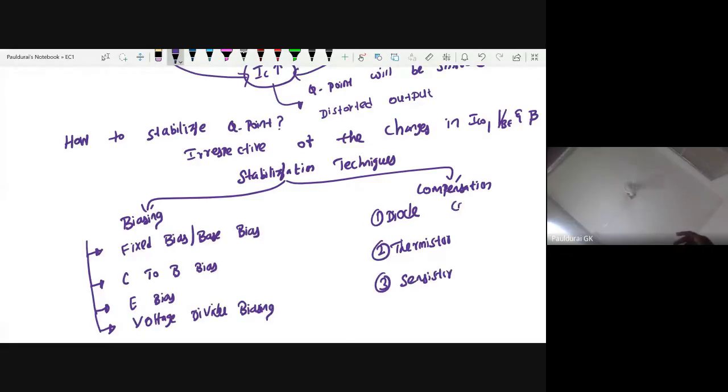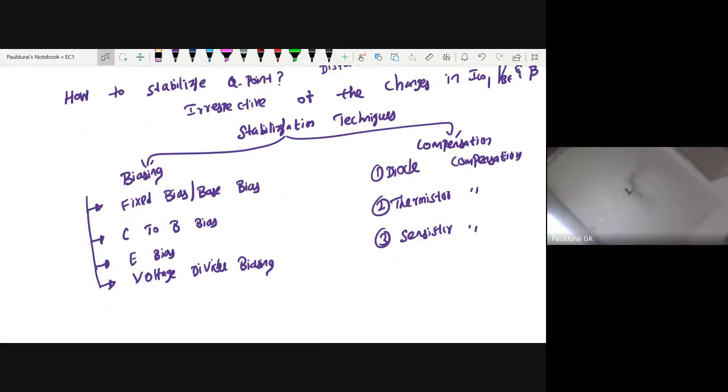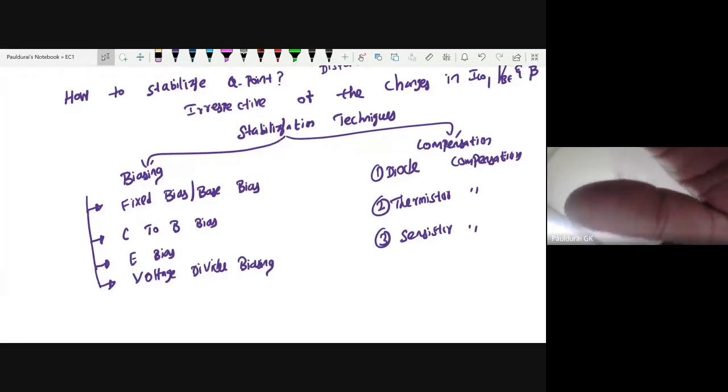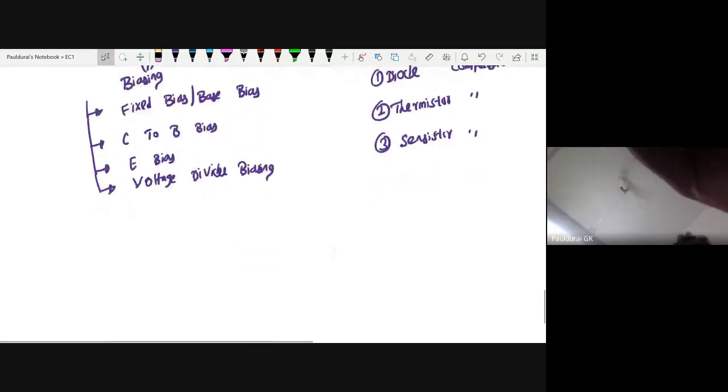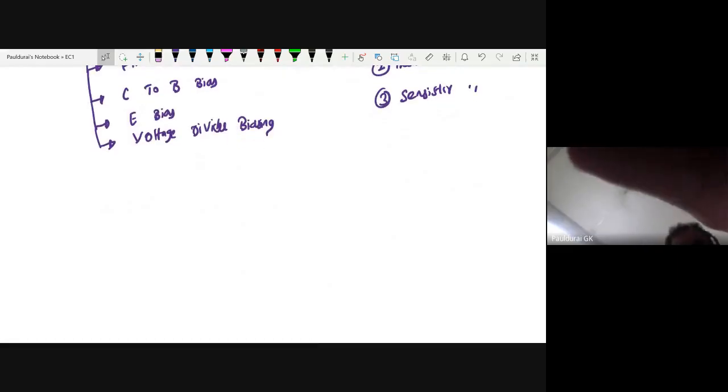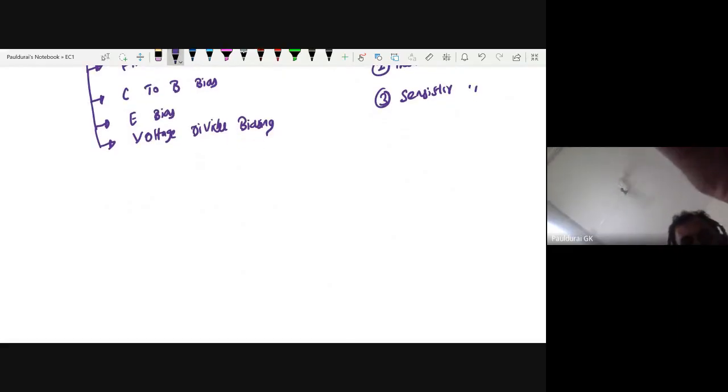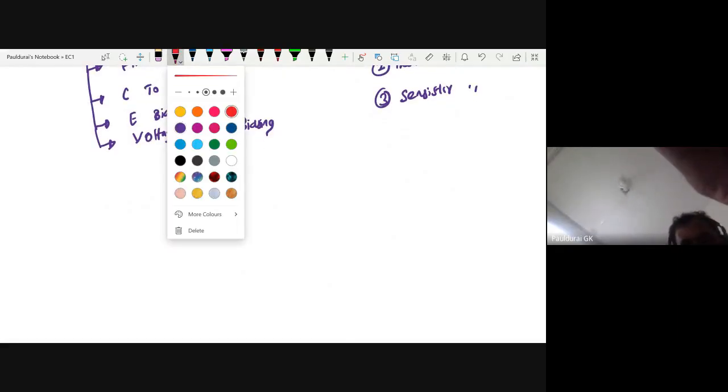So diode compensation, thermistor compensation, and transistor compensation. We will discuss them one by one. But before beginning with fixed bias or the biasing techniques, we need to know the stability factor. It's very important. Put the heading: stability factor.